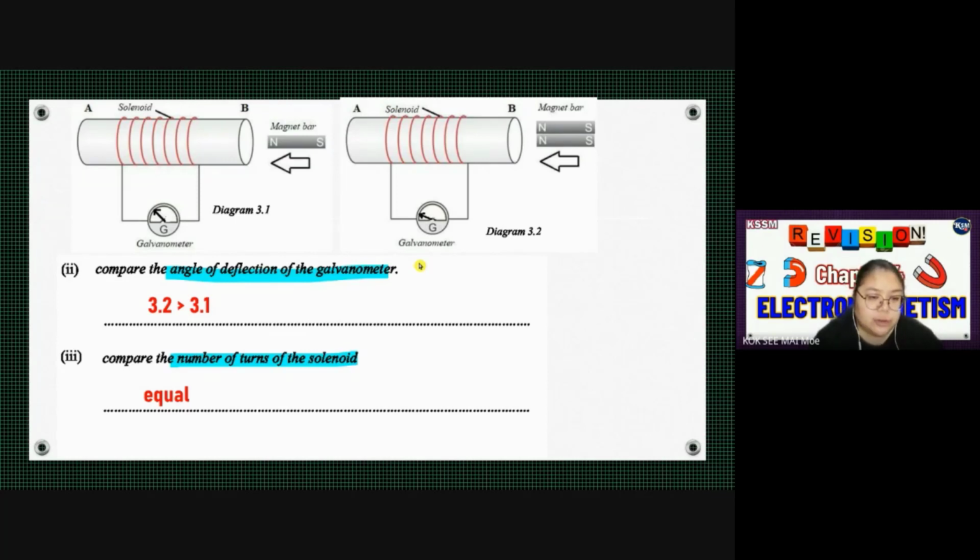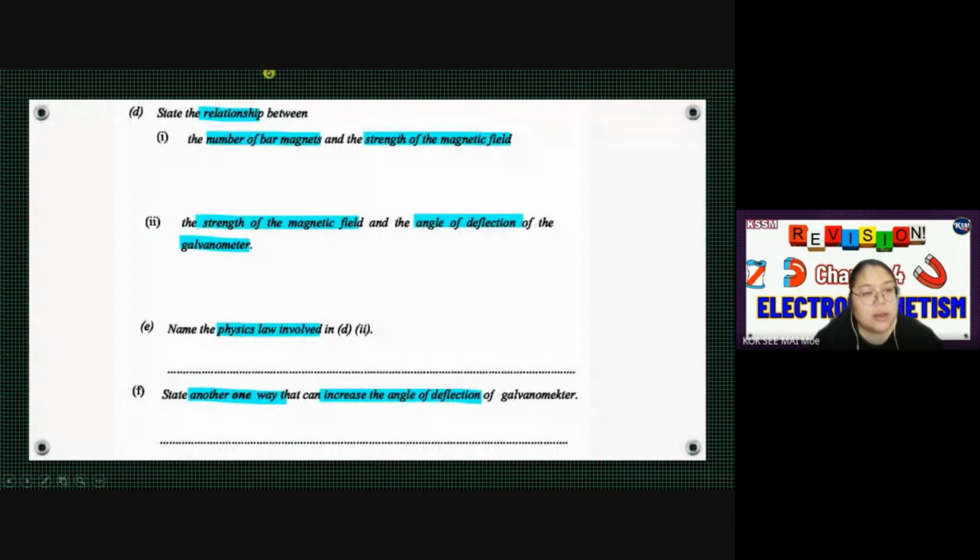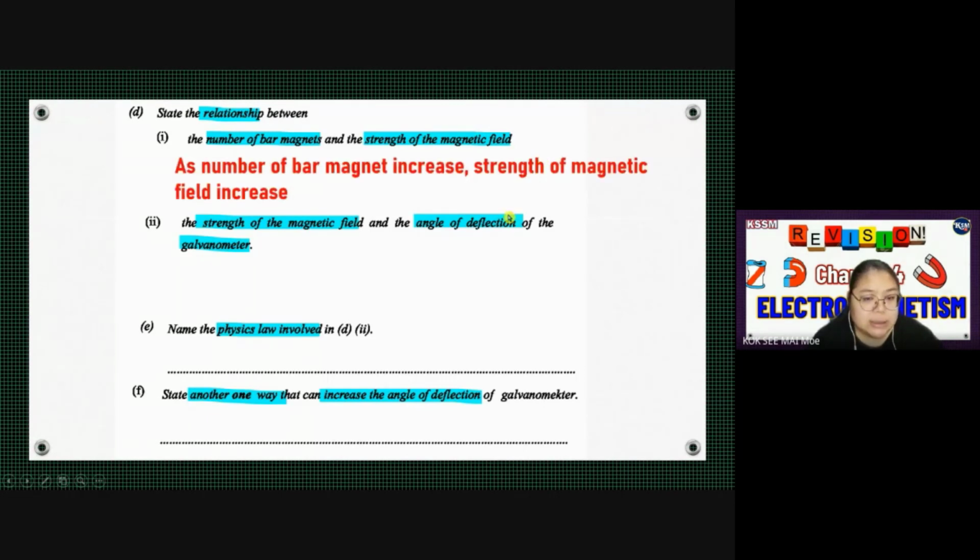Okay, next, we're going to see the relationship. So the relationship between the number of bar magnets and the strength of the magnetic field. The bar magnet should be the manipulated variable, and the strength should be the responding variable. So from here, we just mention that when the number of bar magnets increases, the strength of the magnetic field also increases.